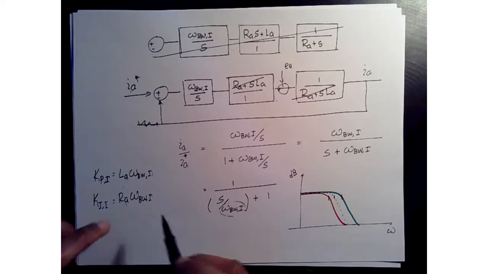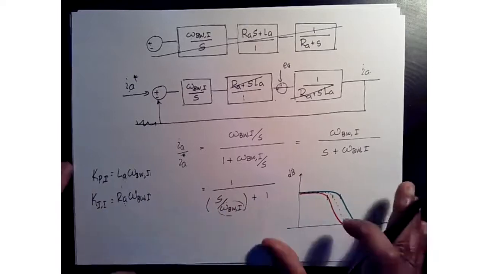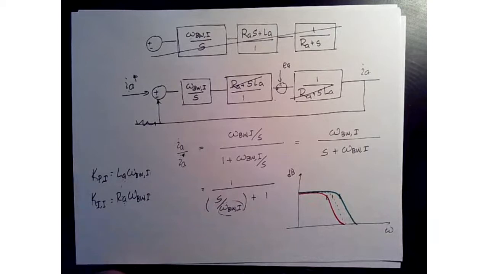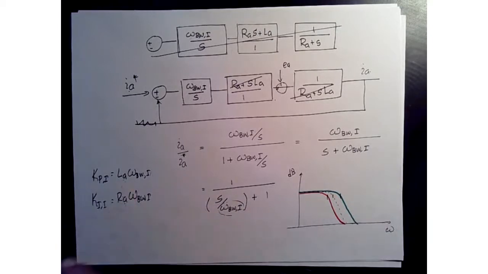Oh, no. They are very easy to calculate or measure. Well, we did the lab, remember? RA is your armature resistance. LA is your armature inductance.